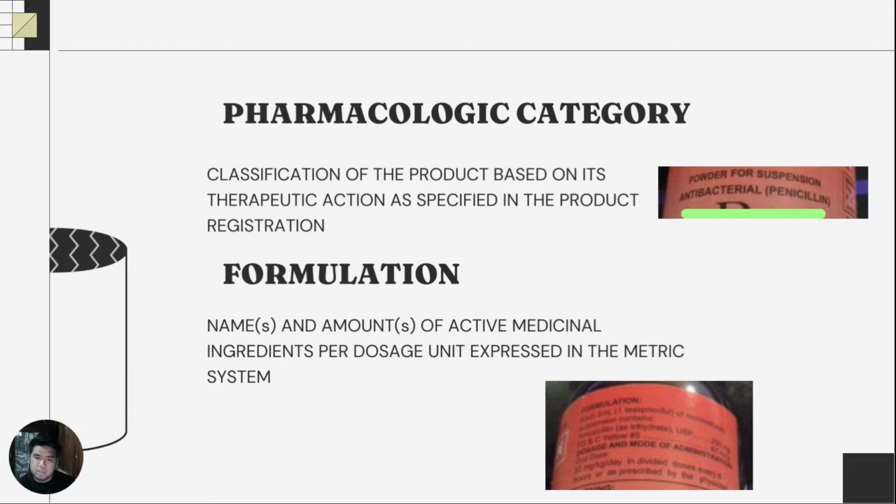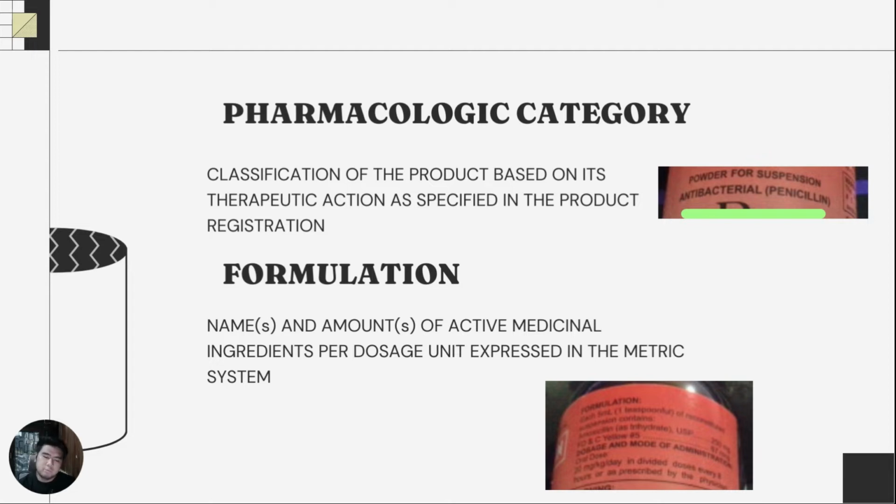This is the classification of the product based on its therapeutic action as specified in the product registration. These are some pharmacology category: antipyretic, analgesic, antibiotic, and many more. In the given example, we have here an antibacterial or antibiotic, penicillin.